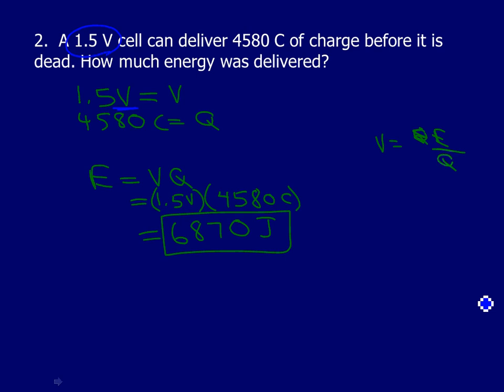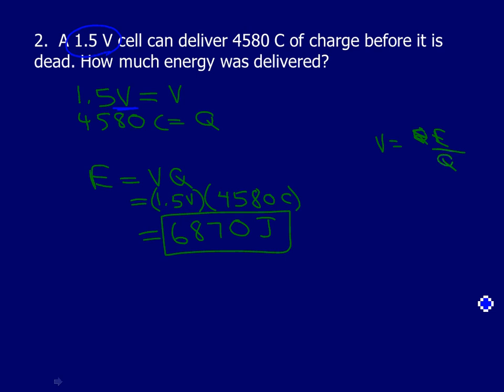So I know this number right now. Okay. Then I write down 4580 C. And I ask myself, which of these things is represented by C, coulombs? The Q. So now I've got the V and I've got the Q, so I need to solve for E. Okay?